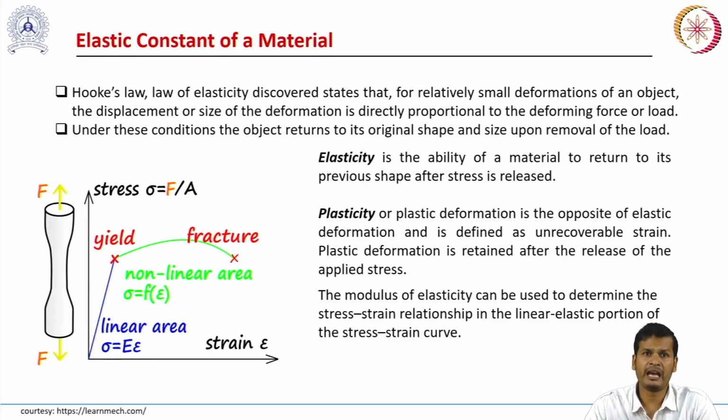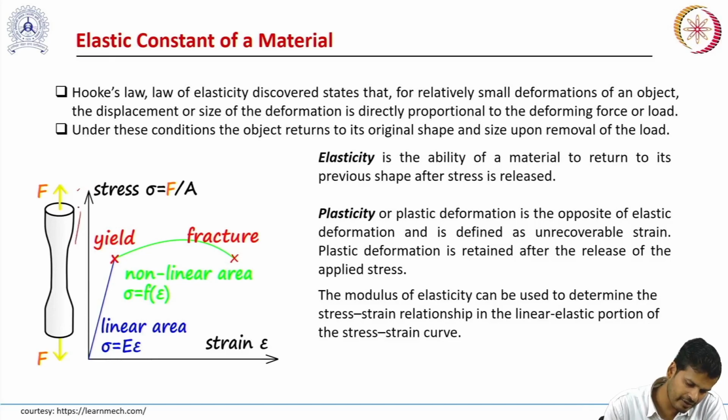When we have elastic deformation, for example here we have stress on the y-axis and strain on the x-axis. So in the limit of elastic deformation, from here to here, when you are increasing the stress values, your strain value is also increasing. Let's say I have applied this much stress, so this much strain has happened.